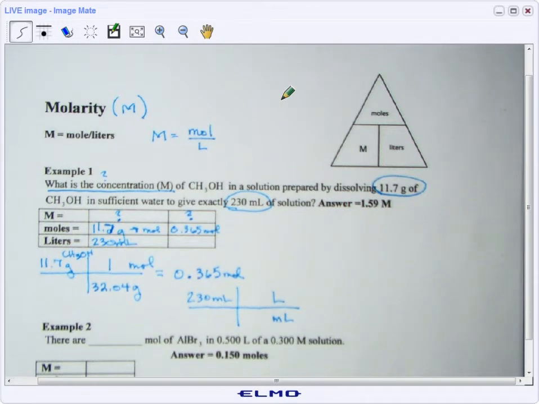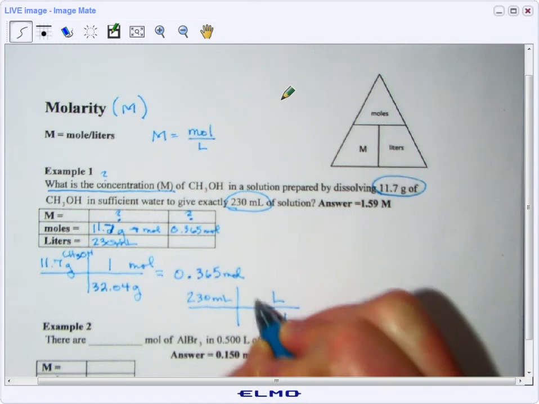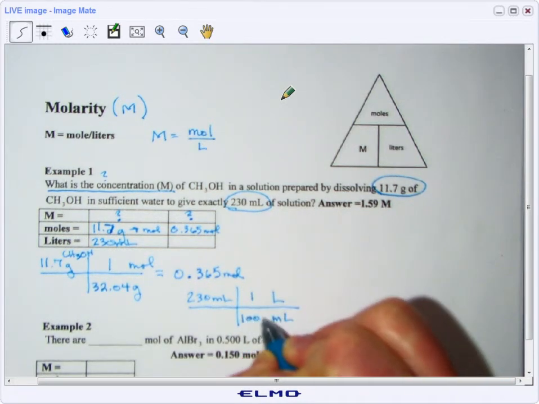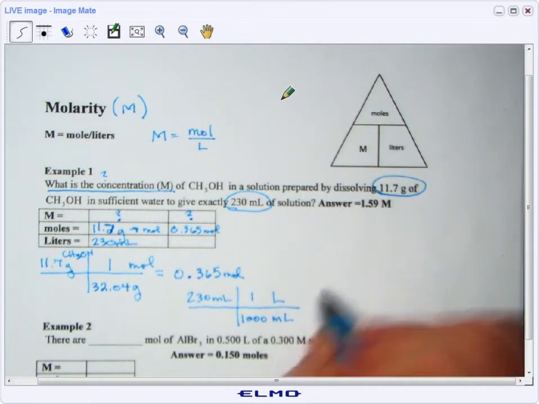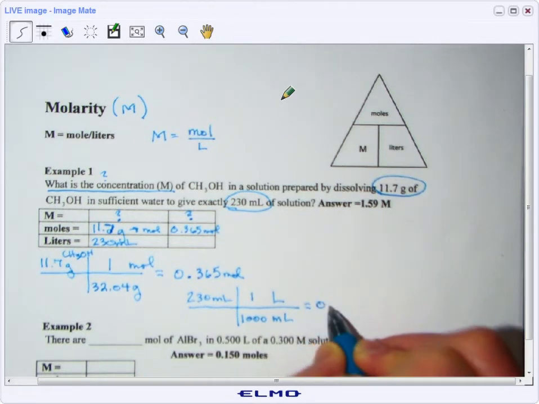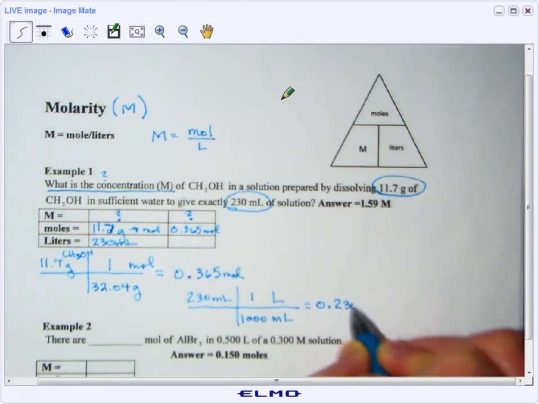How many milliliters are in 1 liter? 1,000. 1 liter is 1,000 milliliters. We divide going down, that becomes 0.230 liters.